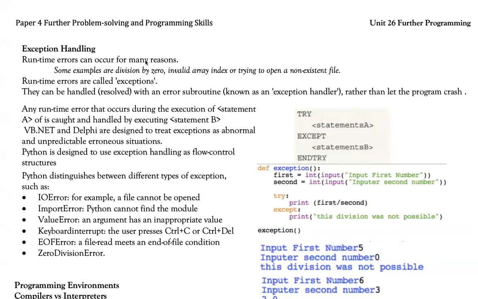Runtime errors can occur for many reasons. Some examples are division by zero, and invalid array indexing, another very common example. If you remember, when we studied bubble sort, when we're comparing two elements together in an array and we have n number of elements, we stop the loop of comparison at n minus one.